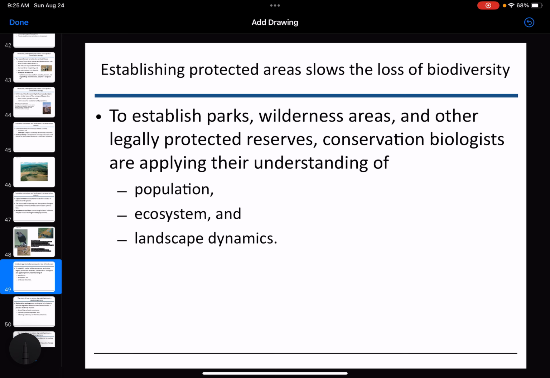So they will have basically some sort of regulations that prevent people from doing certain activities that can reduce or threaten the biodiversity there.